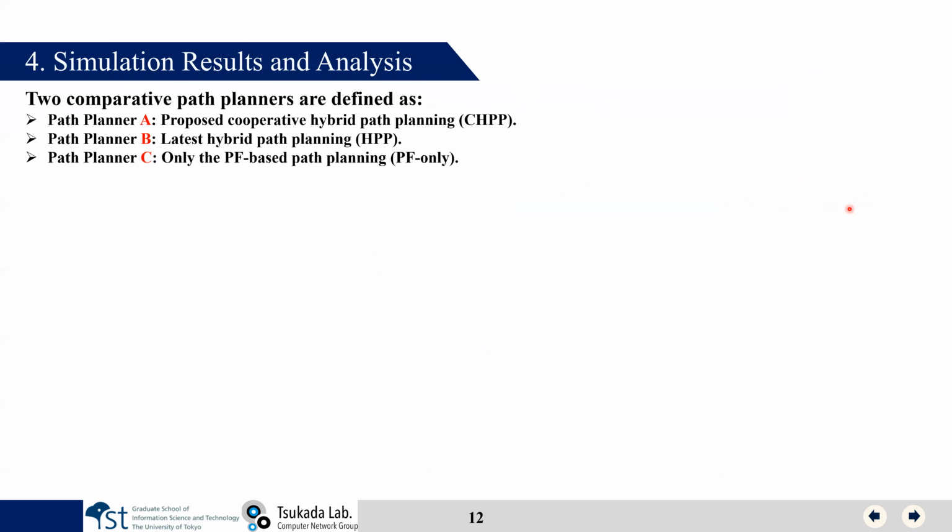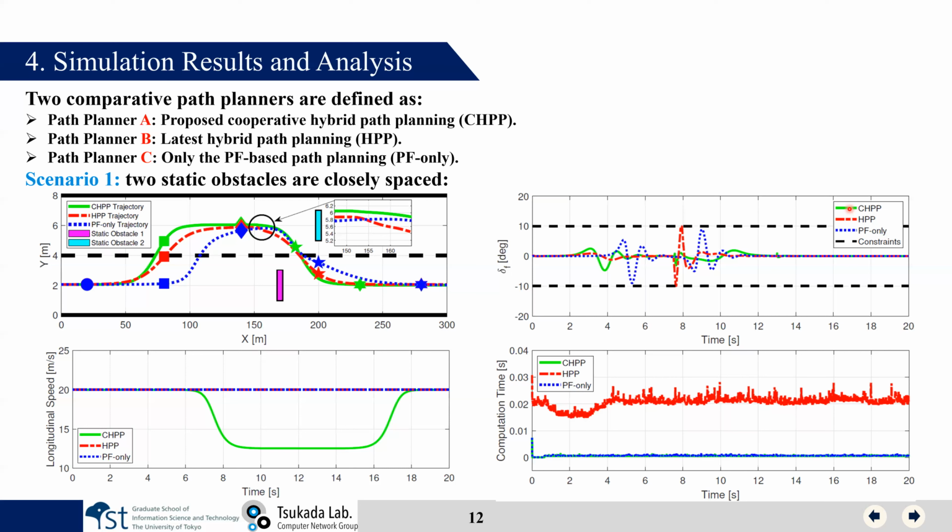And in this slide, I can show some simulation studies and analysis results. So I actually give the 3 path planners here. The first is the proposed one, and the second is the lattice hybrid method from the reference. And the third one is we only use the PF path planning method. So you can see here scenario 1 is 2 stationary obstacles closely spaced.